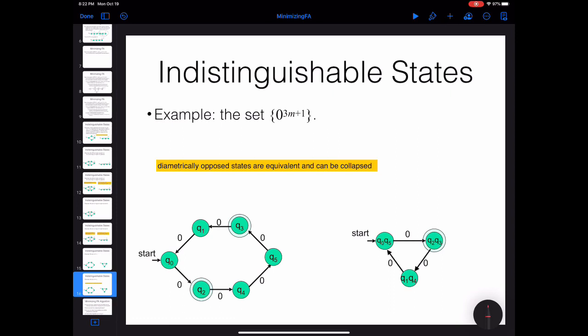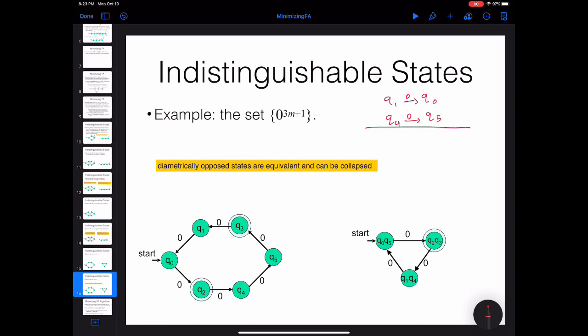If I take any pair here, for example, Q1 and Q4, if I look at the behavior of Q1 and Q4, both of them are non-accepting. It is good. But what would happen from Q1 over a transition 0? It goes to Q0. And from Q4 over the transition of 0, you are going to Q5. It looks like they have different behaviors, right? So I cannot merge them.